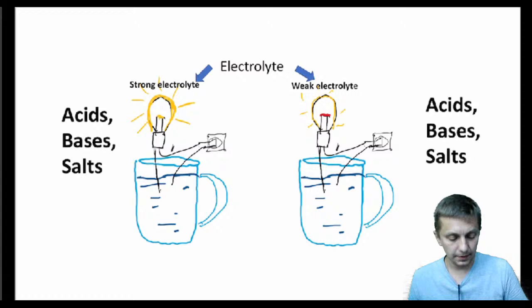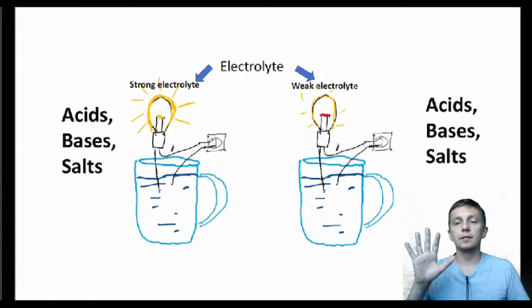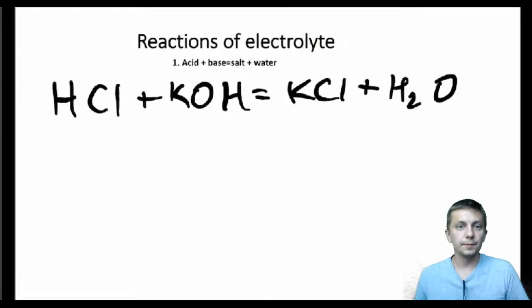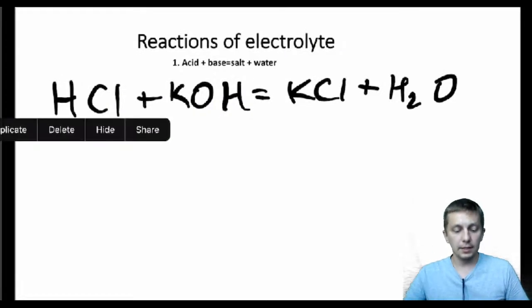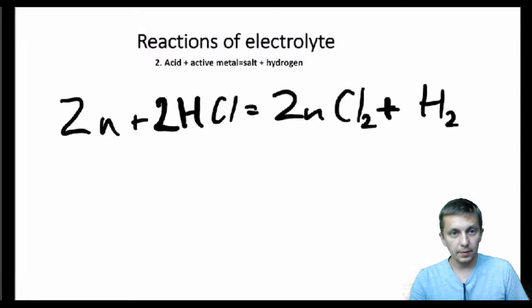Anyway, we discussed 5 cases when a reaction happens. For example, when any strong acid reacts with a base. When an acid reacts with an active metal.